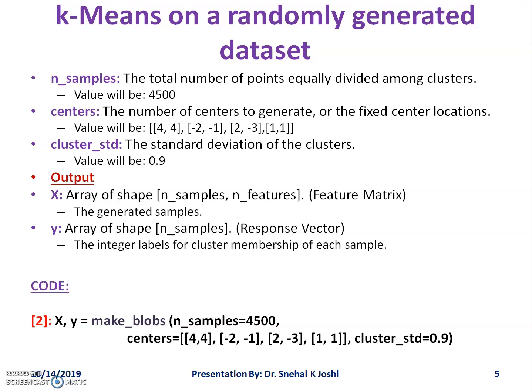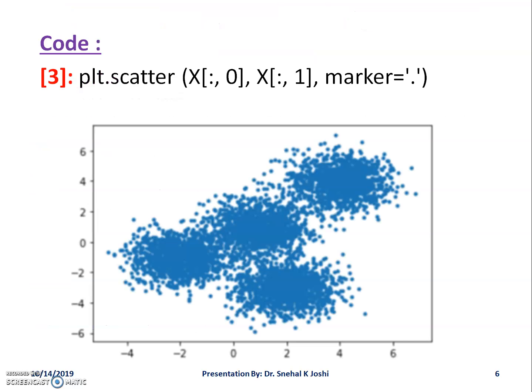Finally, we assign a standard deviation value for the cluster as 0.9. Well, here we obtain the X array which contains the feature matrix of n samples and their features, and Y is the response vector for n samples.